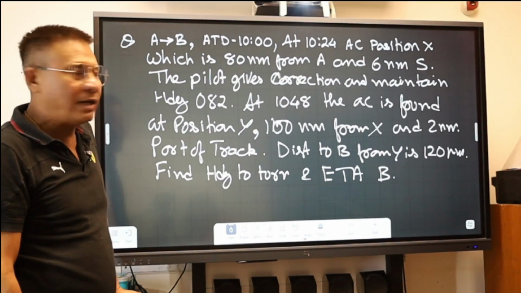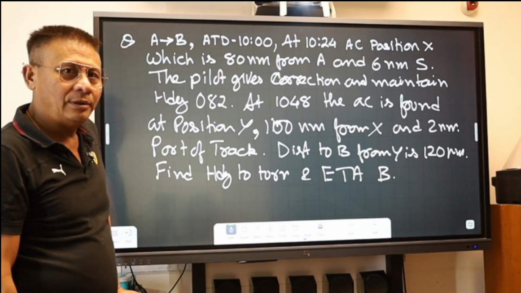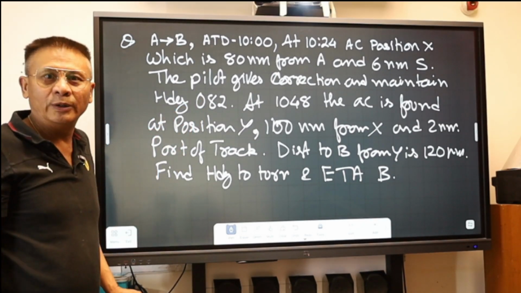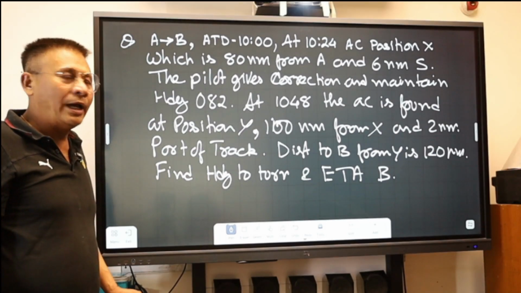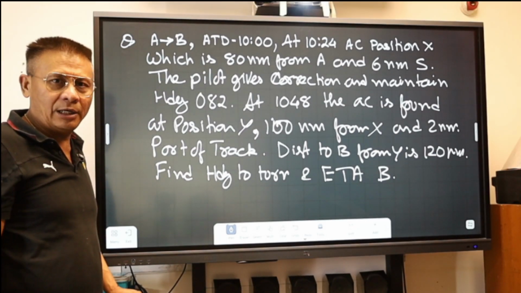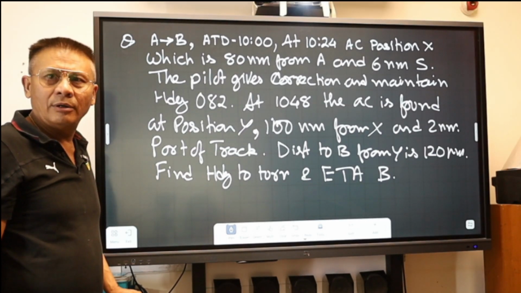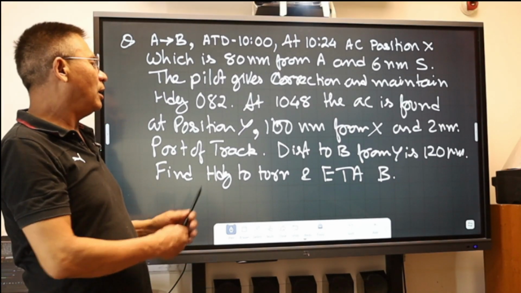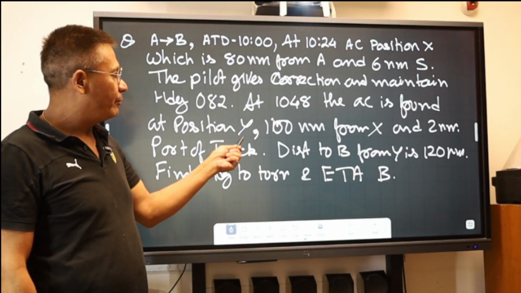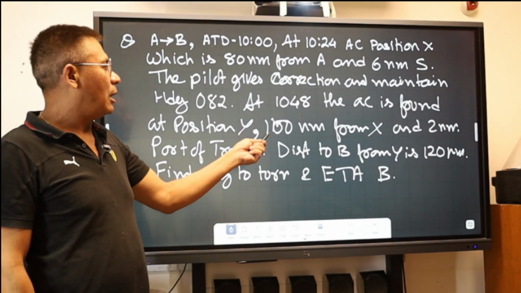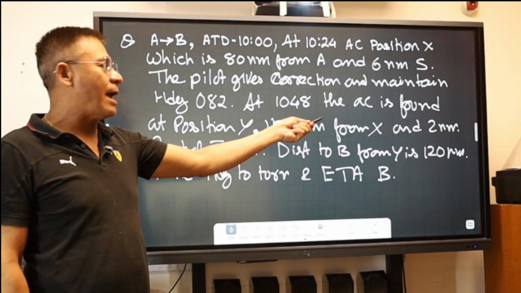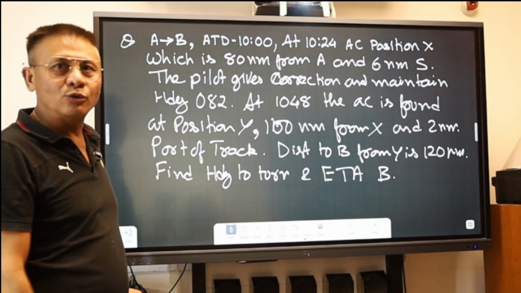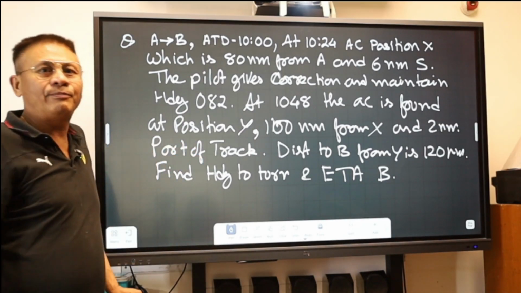The pilot gives a correction at this point X-ray and maintains a heading of 082. And at 1048 he again finds out his position, and the position is at Yankee, which is 100 nautical miles from X-ray and 2 nautical miles to the port of the track.